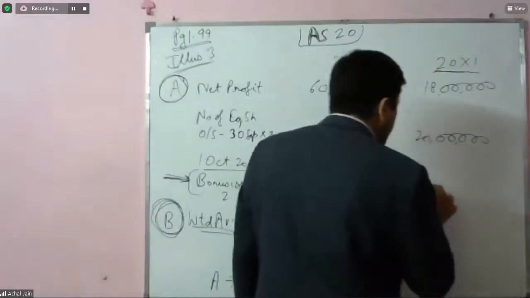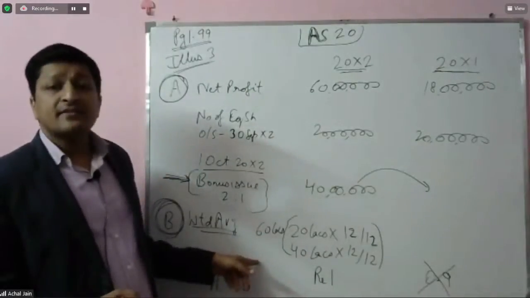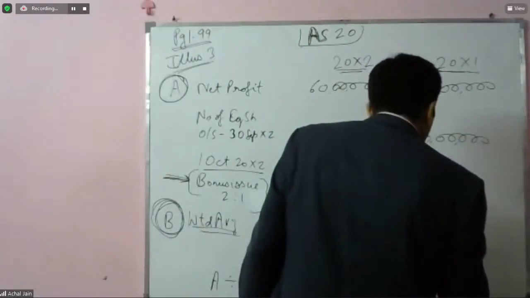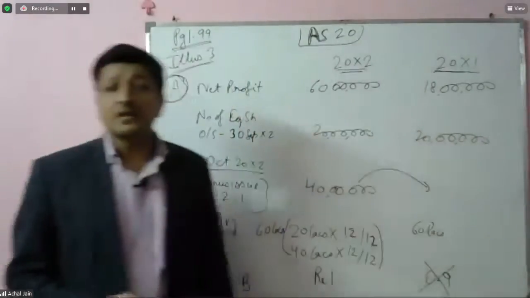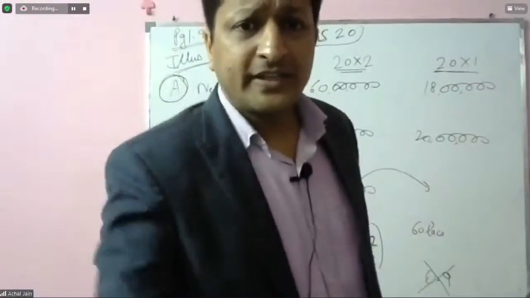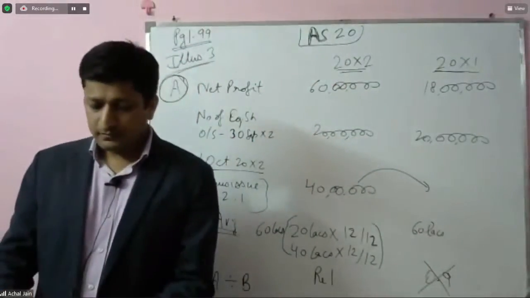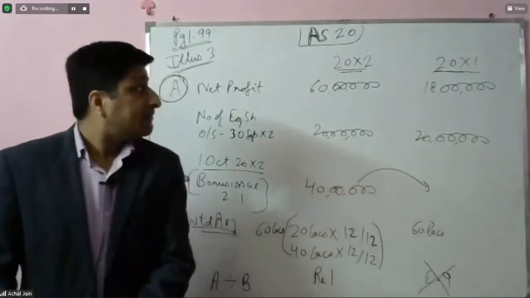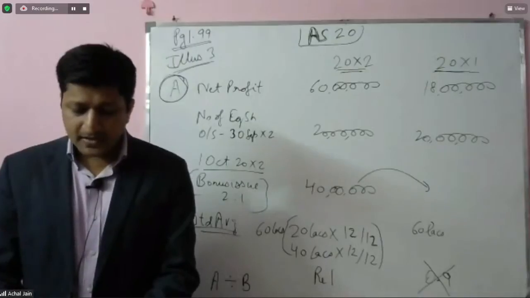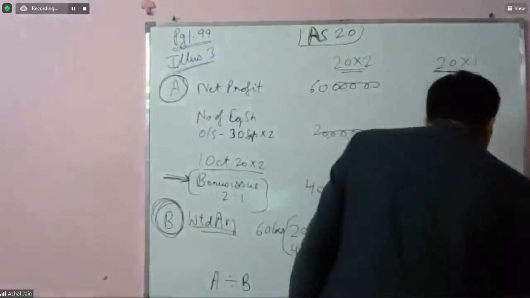The moment I take it to last year, my weighted average for the last year will become 60 lakhs. And because of that, the revised EPS for the last year will be 18 lakhs divided by 60 lakhs, which is 0.3 per share.